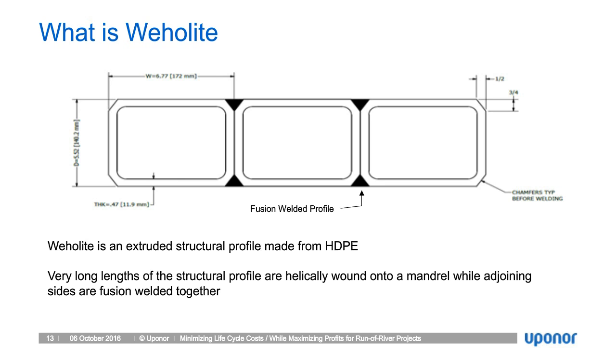When we extrude this, we produce very long lengths of the structural profile. And we take that and we helically wind it onto a mandrel. And while winding it, we're fusing the sides together to produce a continuous pipe structure.